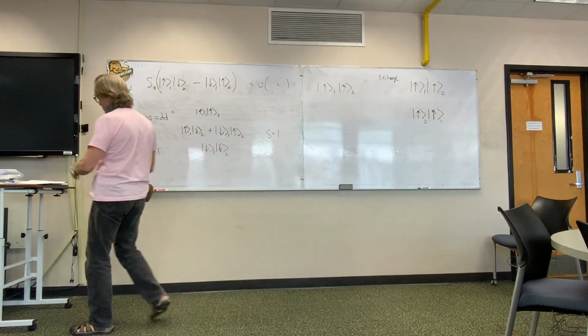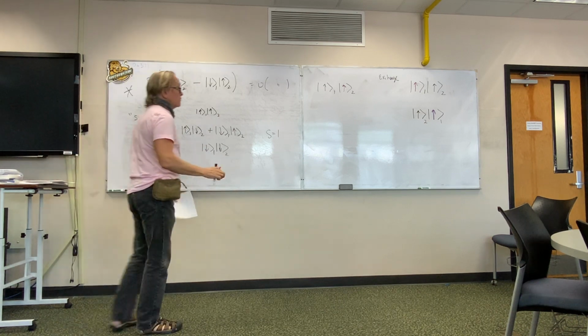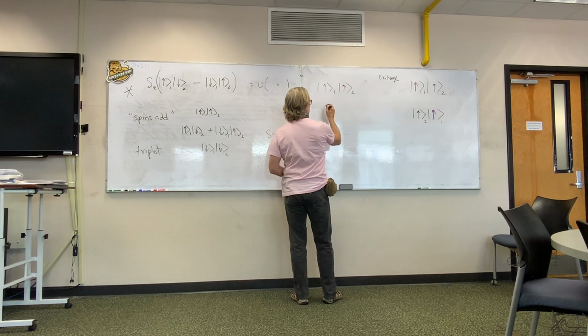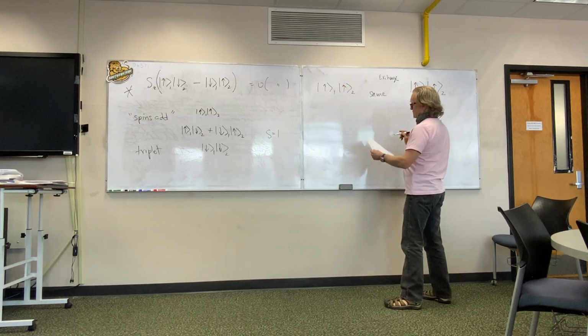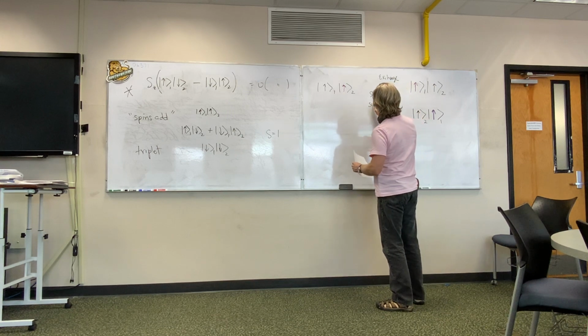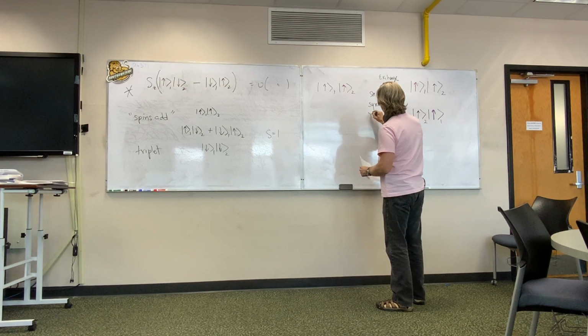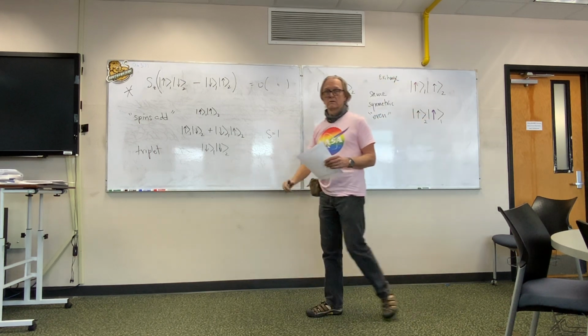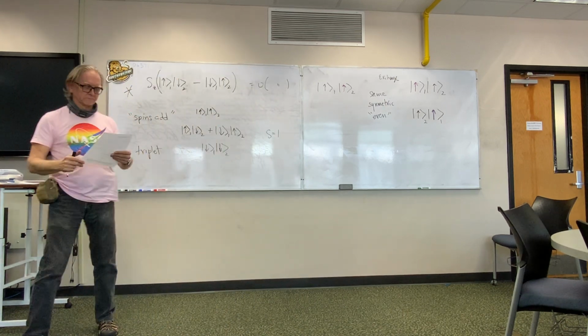So this state was the same under exchange. It is properly called symmetric, and you will sometimes see it called even. But symmetric is the right way to talk about it.